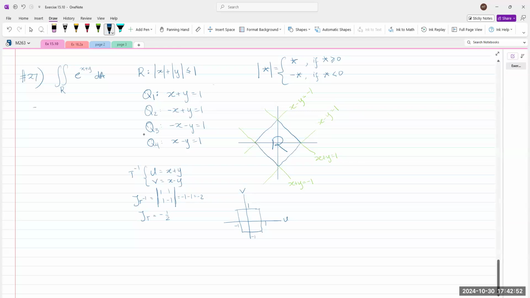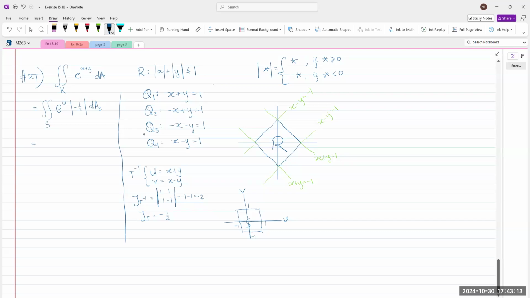Now that's the setup: double integral over region S. This is our region S now. e to the u times the absolute value of negative 1/2, the absolute value of the Jacobian of T, dA in region S.